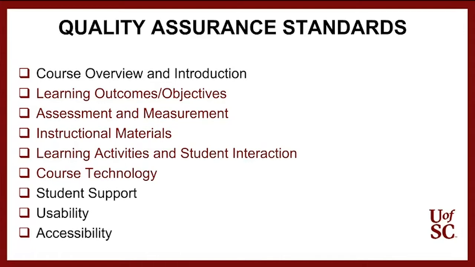When aligned, each of these course components is directly tied to and supports the learning outcomes and objectives. Learning outcomes and objectives must come first because they serve as a guide to determine the other four critical components of the quality assurance standards.